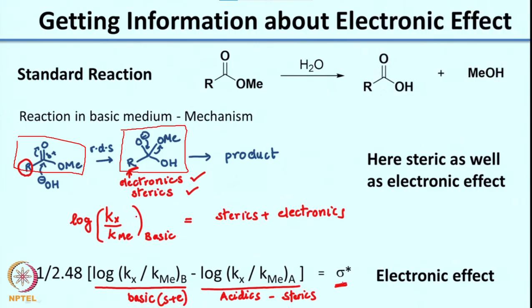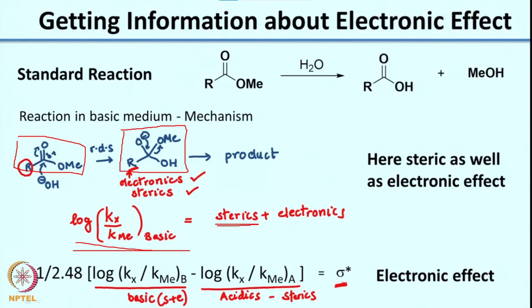So what will the equation become for the electronic effect? The electronic effect equation will be log kx by kMe in basic medium, this term, right? This one, minus log kx by kMe in acidic medium. As I told you, in acidic medium only the steric factor is there, right?